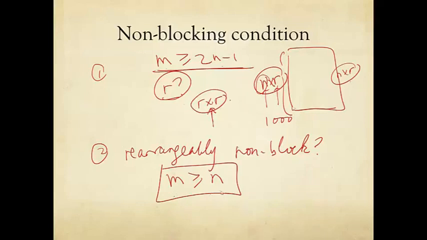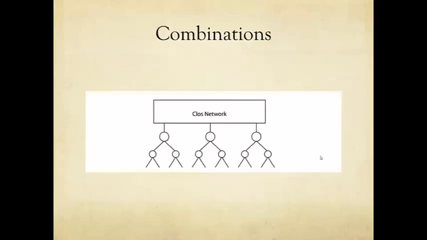As long as there are as many middle stage switches as the number of input ports per input switch, then the Clos network is rearrangeably non-blocking. And the way to prove this is through a constructive algorithm in the homework problem.